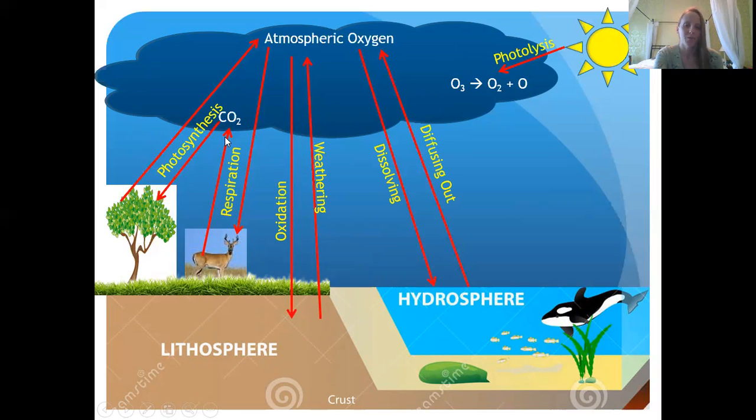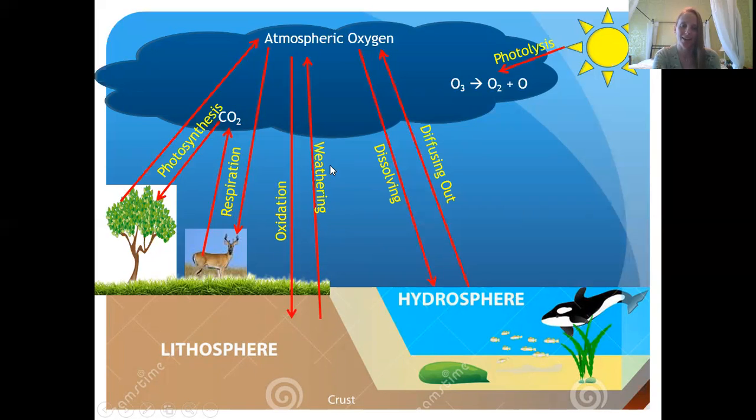And then over here we have our first pair of opposite reactions. Photosynthesis, where you have trees releasing oxygen, that's our atmospheric oxygen, and taking in carbon dioxide, and then respiration, where atmospheric oxygen is taken in by animals and they release carbon dioxide.